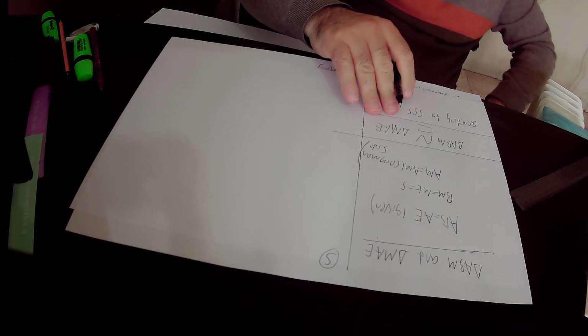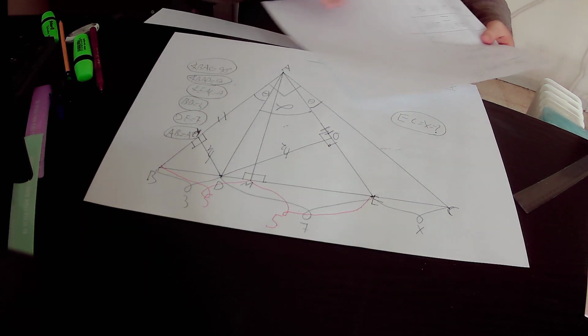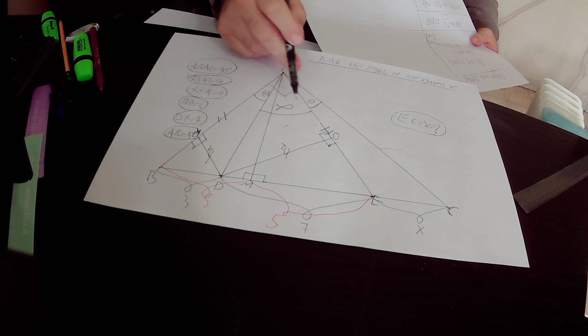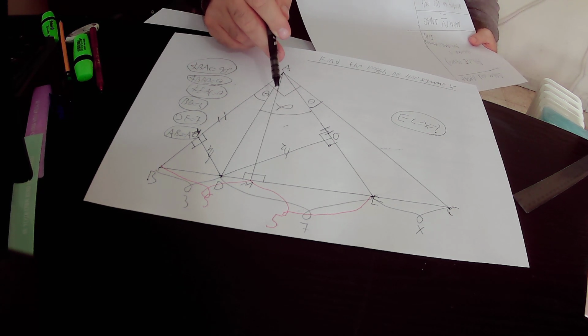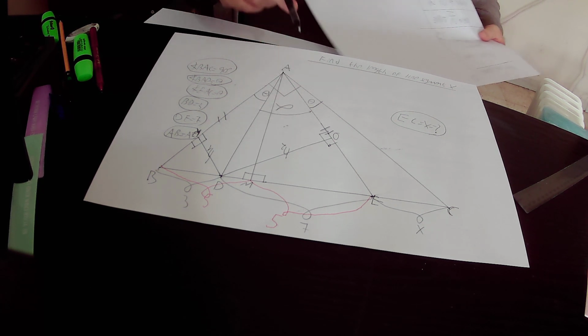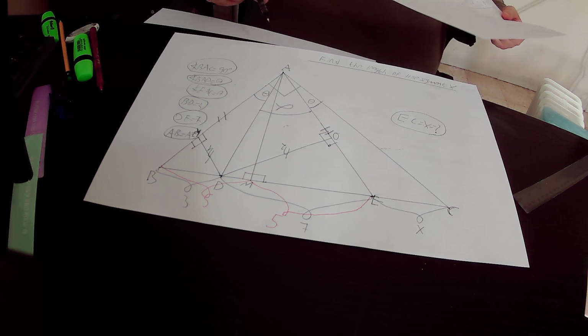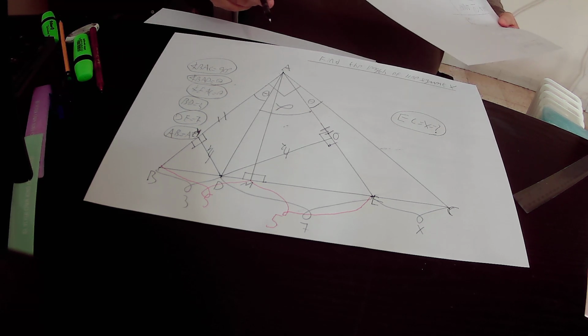We actually proved that all sides of triangle BAM can go into all the sides of triangle MAE, therefore we proved that those two triangles can go into each other according to side rule.